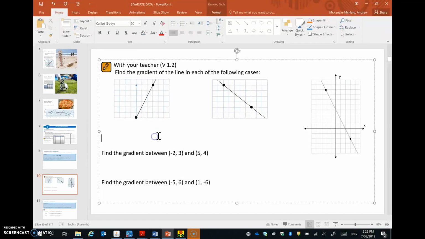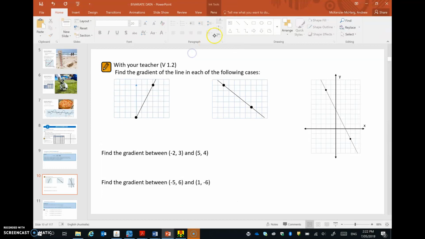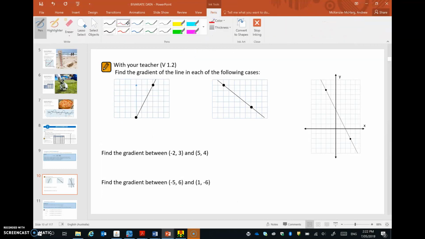That distance there is how many blocks? 1, 2, 3, 4, 5, 6. So we have a rise of 6. And the run, when we go across, is 3. So we go up and across between the points. Rise over run, 6 over 3, gives us a gradient of 2.